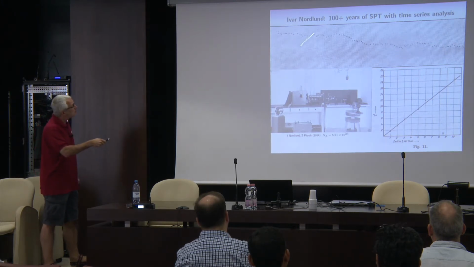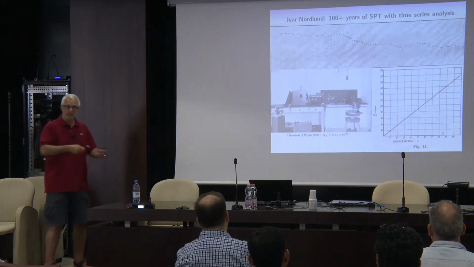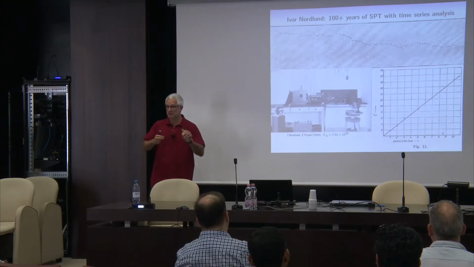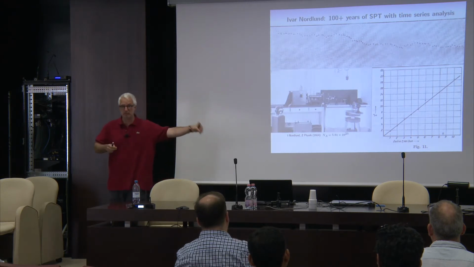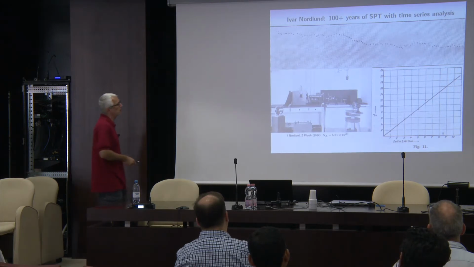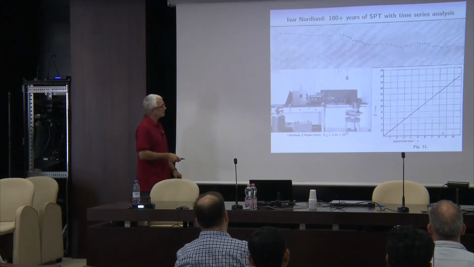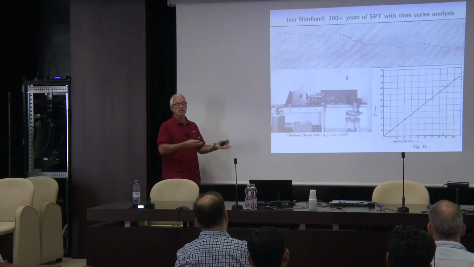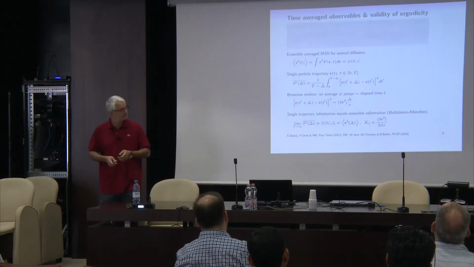And then superimposed on it, you have the Brownian motion. And he used then the analysis of individual time series to determine Avogadro's number through the diffusion coefficient from individual time series, and only afterwards he averaged over the individual experiments, and his result for Avogadro's number, if you can't read it, is much better than Perrin's. So this idea of moving from an ensemble average to a time average was very, very original and pushed the field forward.